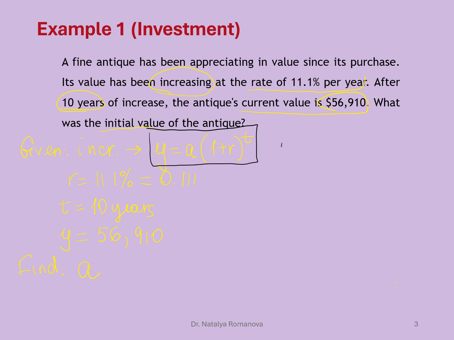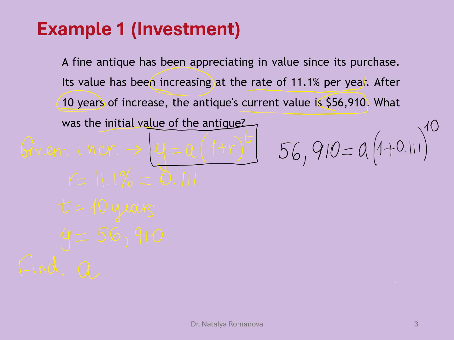So y, it is 56,910 equals a, which I need to find, times (1 plus rate), 0.111, with t equals 10.